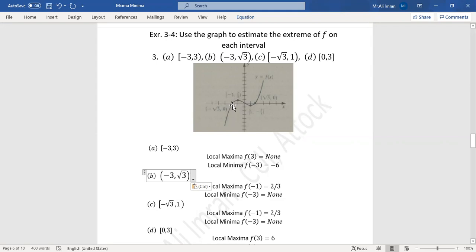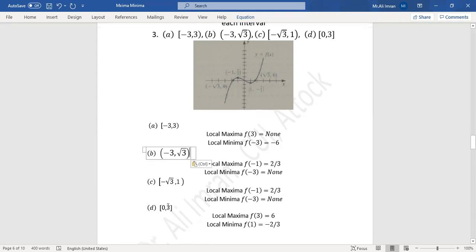Now if we look around the local minimum point, from this point to this, at this point the deepest or lowest point, but the interval is open, so we cannot find a minimum at this point.